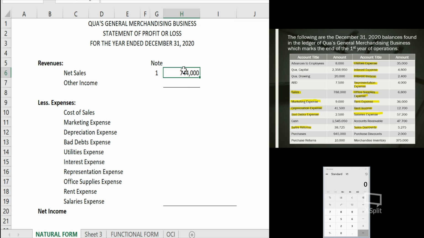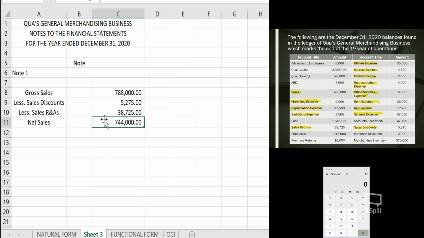Okay? He will then see na merong corresponding note, yung net sales. So, what he will do is, pupunta siya sa ating notes to the financial statements, and then hahanapin niya yung note number 1, kasi note number 1 yun, obviously. And then, makikita niya, ito pala yun. Ito pala yung reason kung bakit naging 744,000.